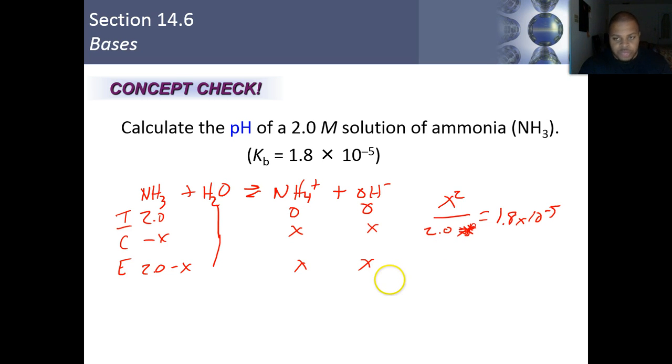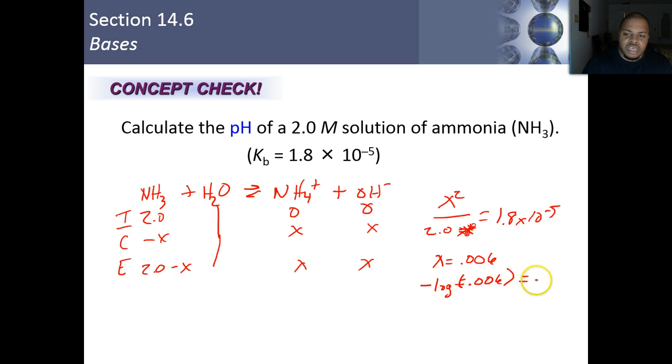Once we've solved through this part, my hope is that you will come out with X equal to 0.006. We're going to find the negative log of 0.006.